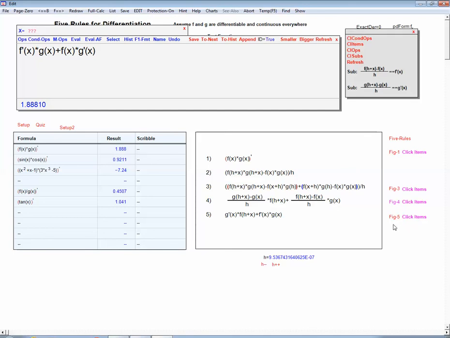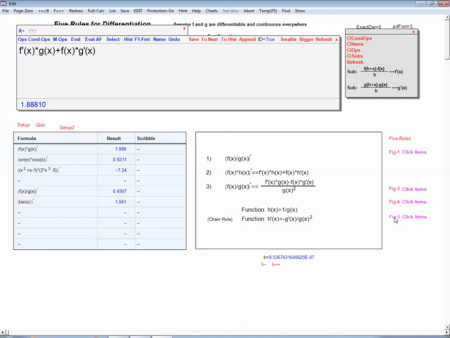Let's go on and do the quotient rule. There are two ways to do it. We're going to do it using the chain rule. This is another reason the chain rule is so useful. So let's look at this picture here. Let's define the function h of x to be 1 over g of x, where g of x is our function in the denominator. We know how to differentiate that.